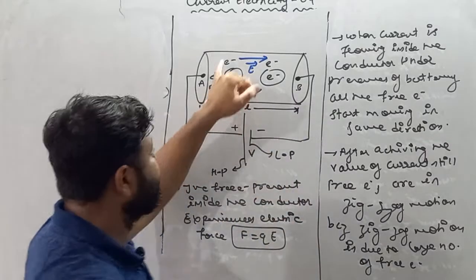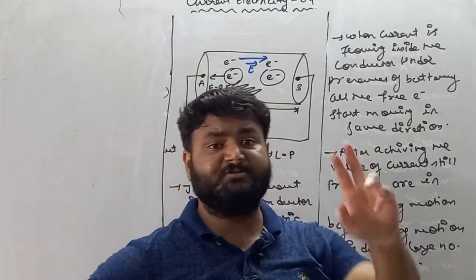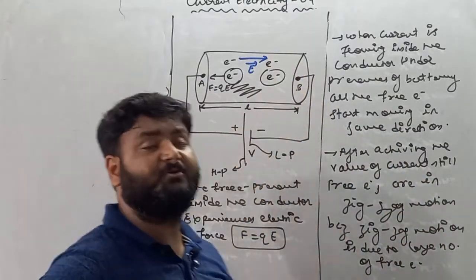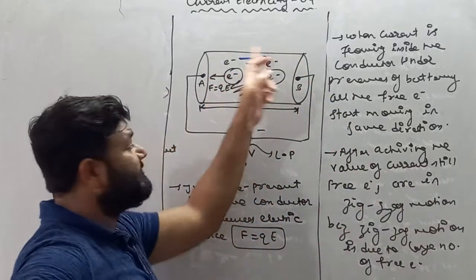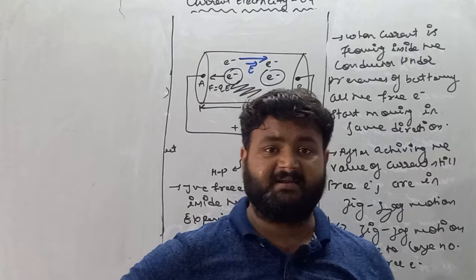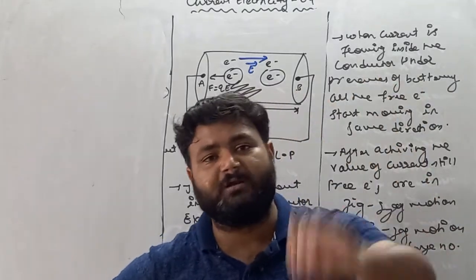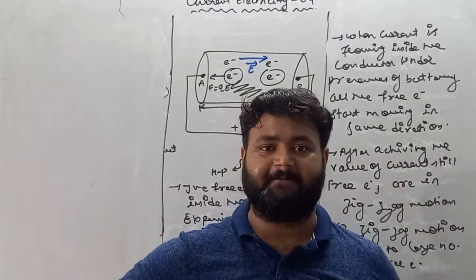Let's suppose one electron collides with another within 1 second, it is not possible that the third and fourth electrons also collide in 1 second itself. So in this conductor, a large number of free electrons are there, and each free electron collides with another free electron in different periods of time.